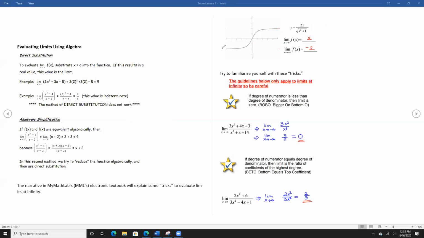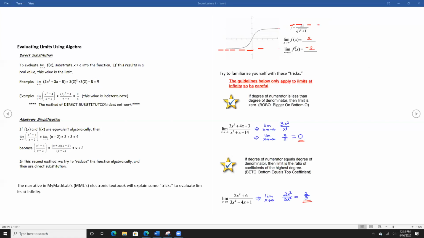Since y can never equal negative 2, in other words, the graph just simply gets closer and closer to negative 2, that would be considered a horizontal asymptote. Also, y is equal to 2 would be a horizontal asymptote near the top.